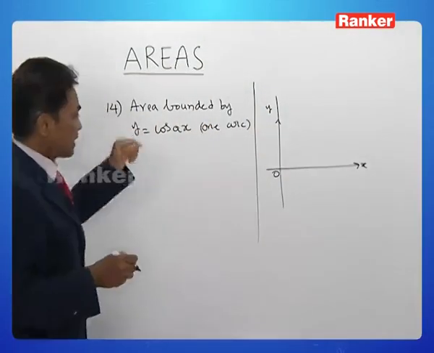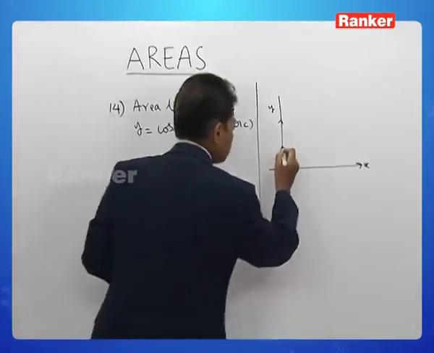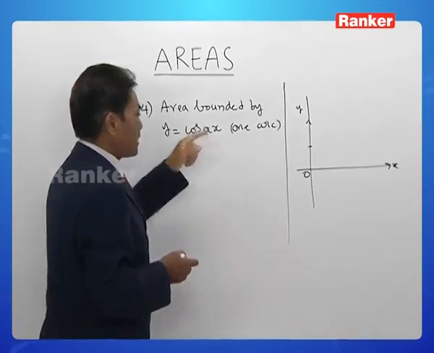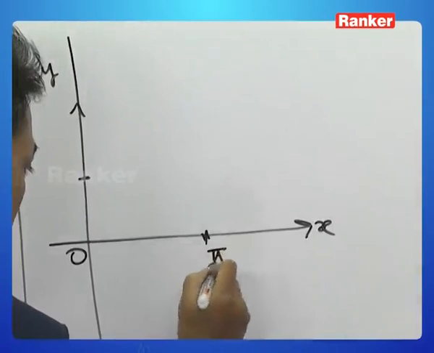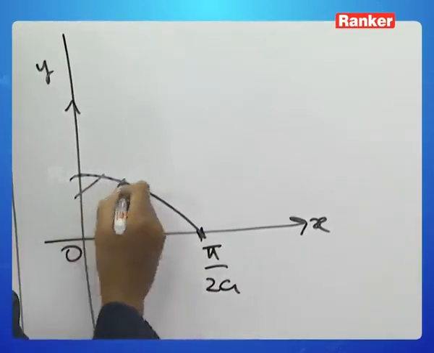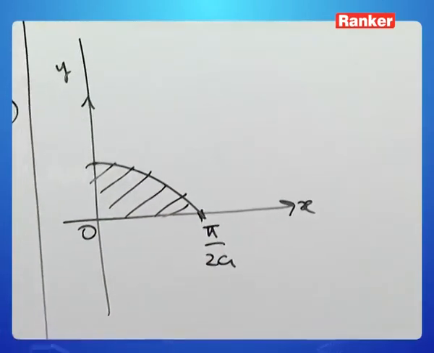Now let us substitute 0, cos 0 is 1. Let us apply here pi by 2a. So it becomes 0. Pi by 2a. So the curve. This is one arc. Let us see what is this area. Okay. This is the required area.